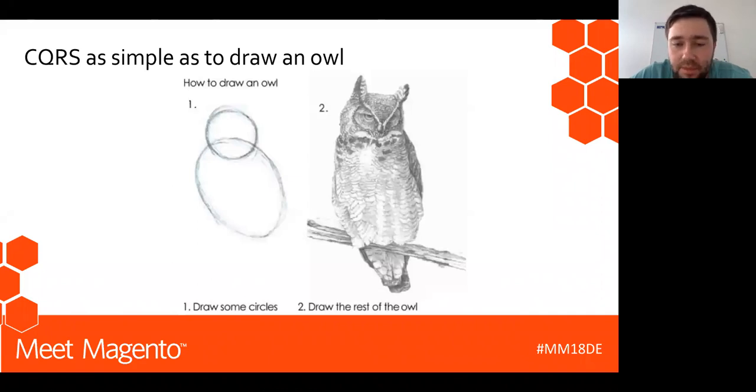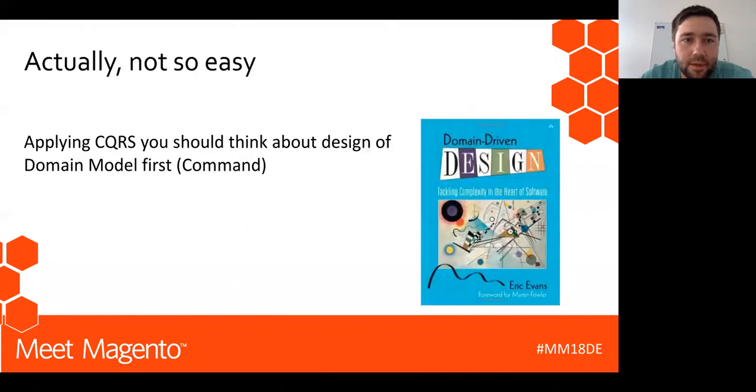Actually, it's not so easy to implement a proper CQRS solution. Probably it's not as easy as drawing an owl. And the reason is that, applying the CQRS, you should think about the design of the domain model first.